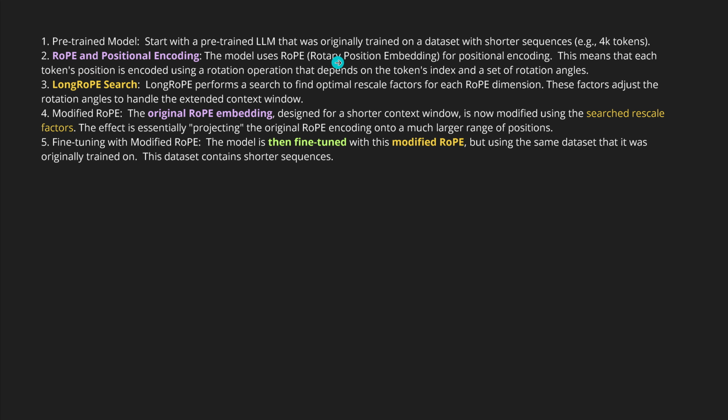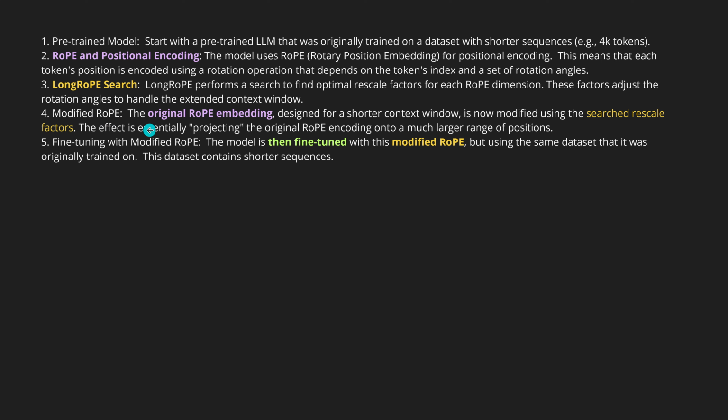So we use RoPE here, which is mathematically perfect for positional encoding that depends only on the relative position, the distance of the specific tokens, to calculate the self-attention, not just by adding an absolute position embedding, but adding a relative position embedding, and we do not simply add it, but we have a more complex operation. So this means that each token position is now encoded using the rotary matrix I showed you in part 1 of this video. And now Microsoft says, hey, now we have our LongRoPE search optimization. And okay, this is an optimization methodology, accepted.